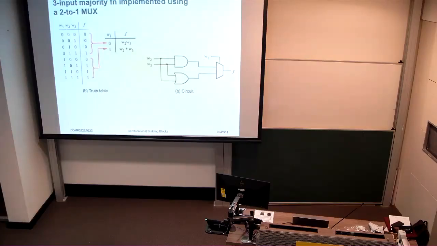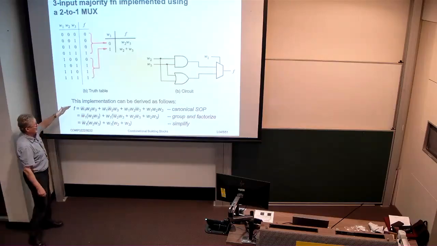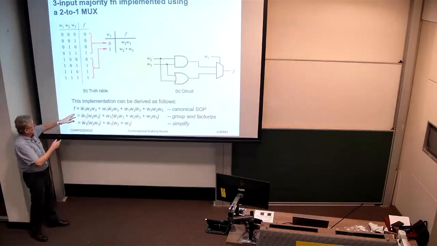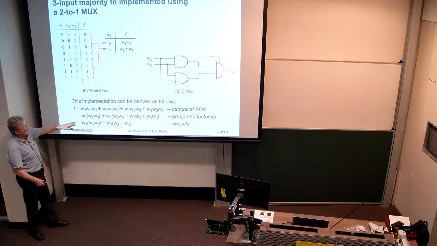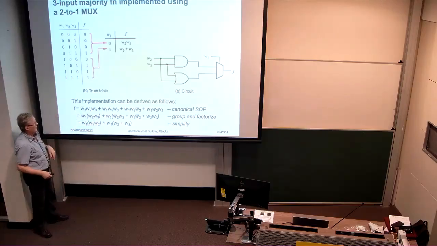In this case, if we were only using W1 as the selector for a 2-to-1 mux, then the first 4 lines look like the AND of W2 and W3, whereas the bottom 4 lines look like the OR of W2 and W3. So obviously this then is the resulting circuit that we would get if we wanted to target a 2-to-1 mux. We could also derive this algebraically by firstly just listing the canonical sum of product form. So for all of the ones there, listing the term, and then factorizing that around W1 if that's the selector that we want to use for our mux.